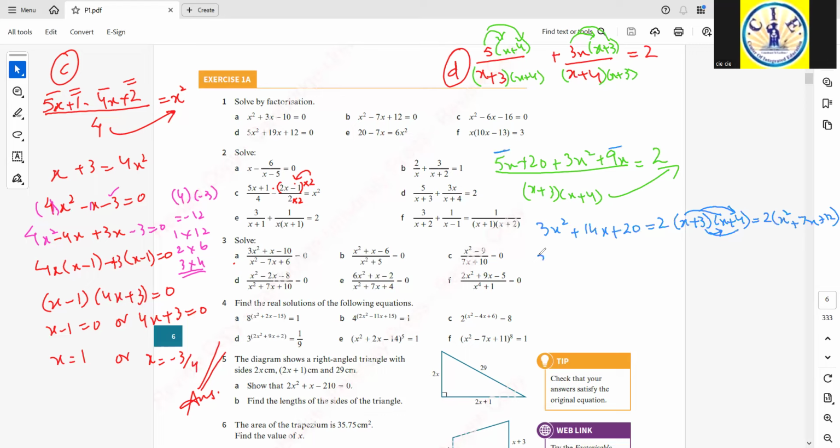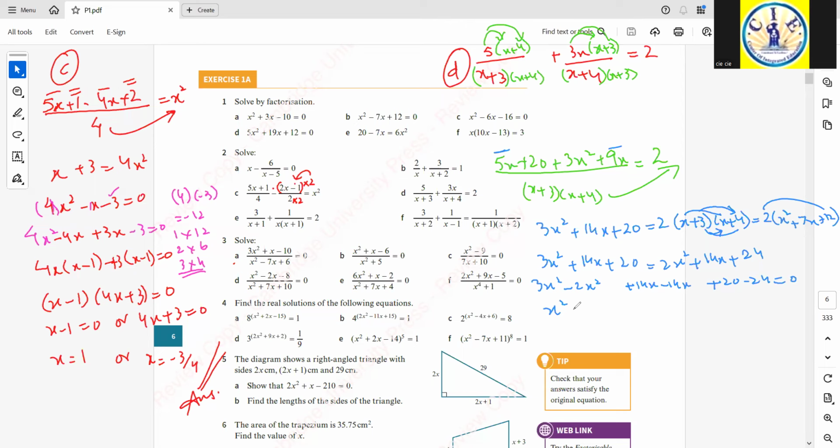Okay, this will give me now 2x squared plus 14x, and then 2 12s are 24. Shifting all these terms to the left side, 3x squared minus 2x squared, then plus 14x minus 14x, then plus 20 minus 24 equals 0.